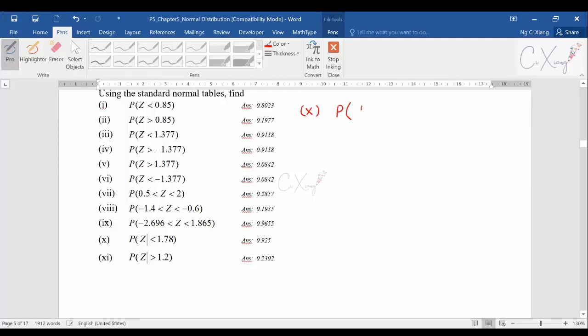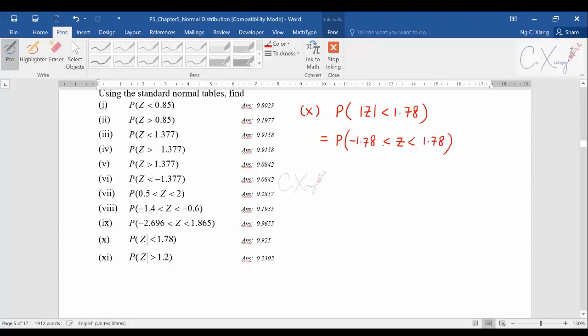When they say modulus z smaller than 1.78, it actually means that the z is between negative 1.78 and 1.78.